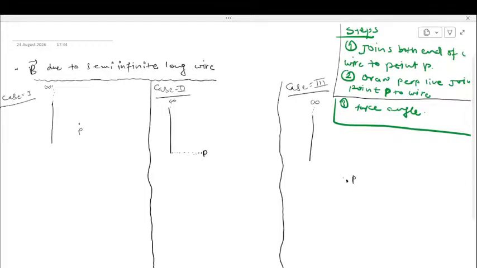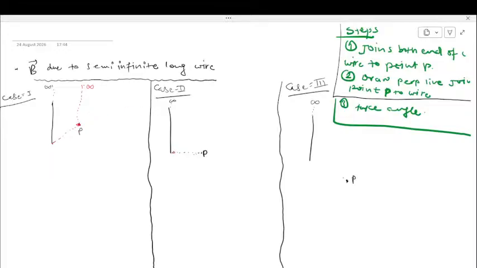Now let us check that. First we select this end, which joins point P here, and the other end goes to infinity, so we join the second end at infinity.